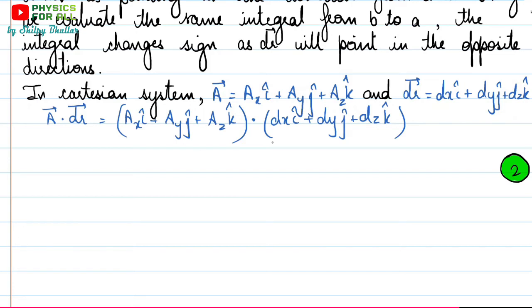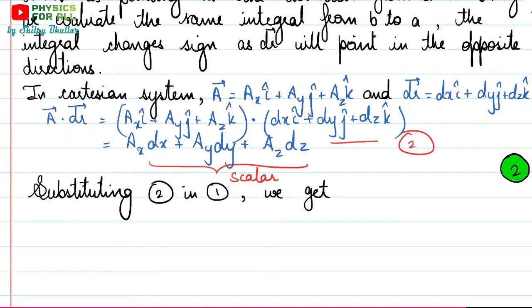And now we know how to solve a dot product. I cap will only interact with i cap, j with only j, and k cap with only k cap. And now I'm directly going to write the answer. And now you can see that this answer is simply a scalar quantity. Now let's give this equation number 2. This is our equation number 2.